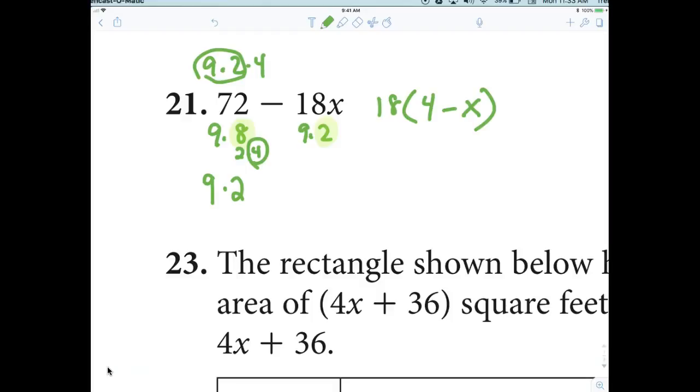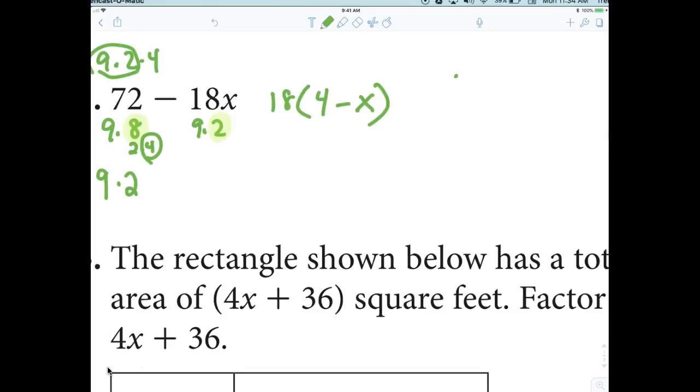So I understand you got the answer, but where it says 9 times 8, 9 times 2, how did you get 4? Because in 72, we broke 72 down first to 9 times 8, and then we broke 8 down to 2 times 4. We broke 18 down to 9 times 2.